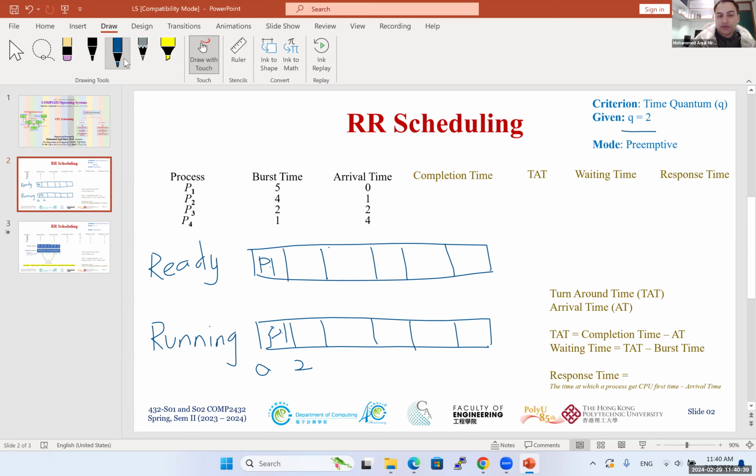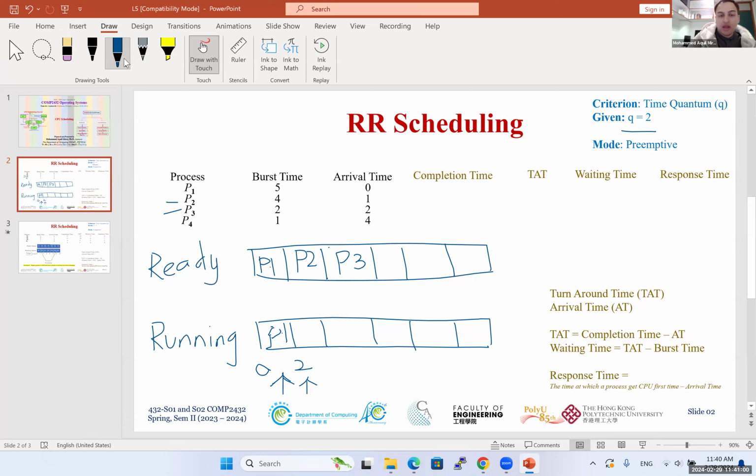When you run the process for 2 units of cycle, you will observe that between 0 and 2, two of the processes have already arrived in the ready state. That is, P2 already came, and after P2, P3 also came.